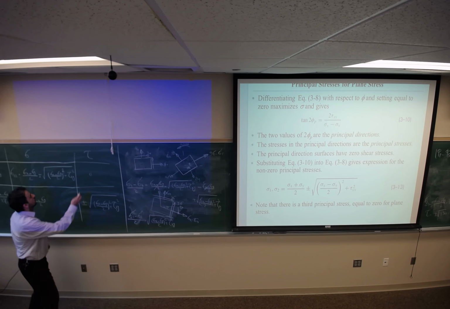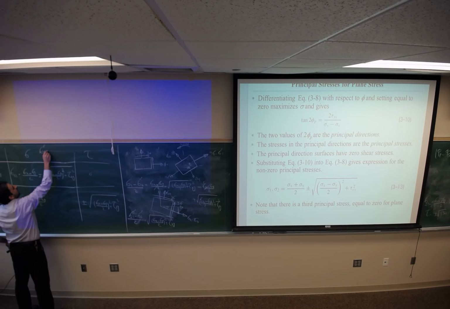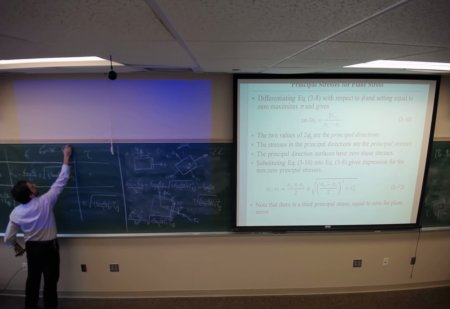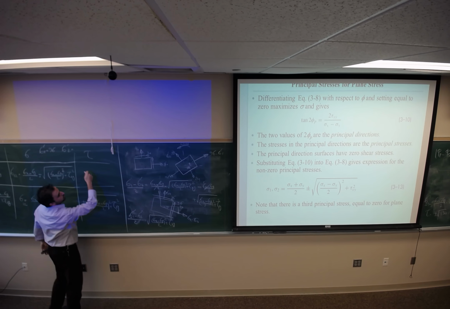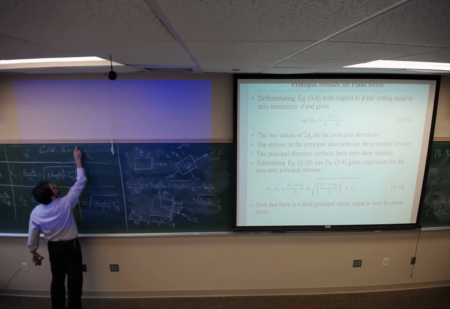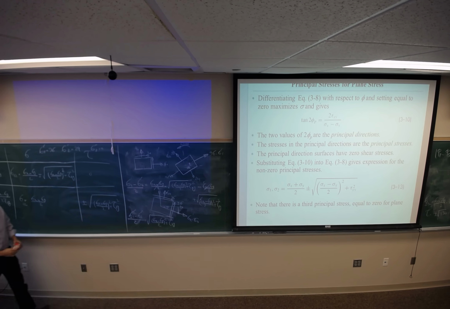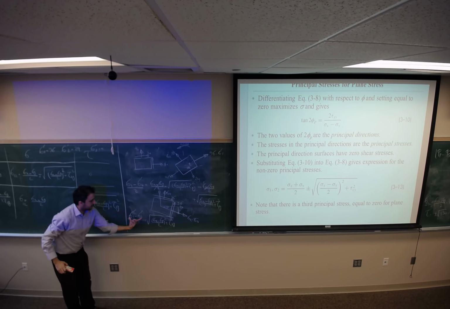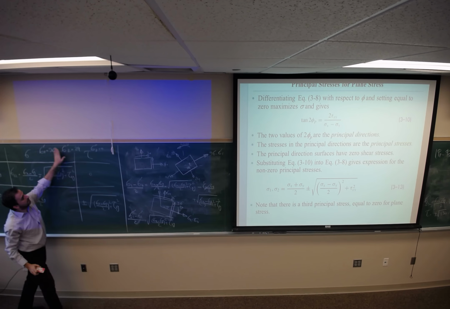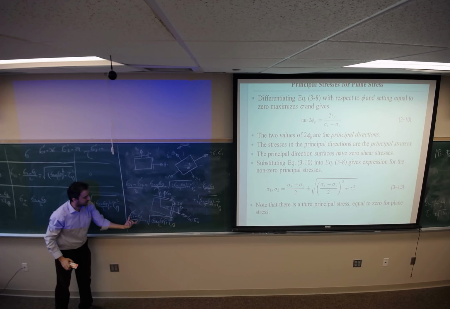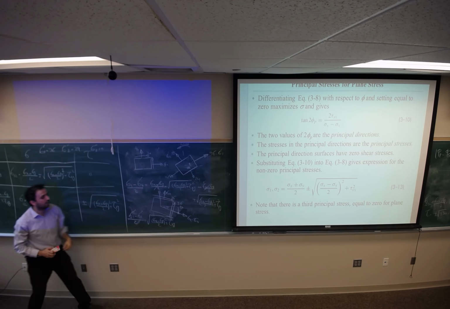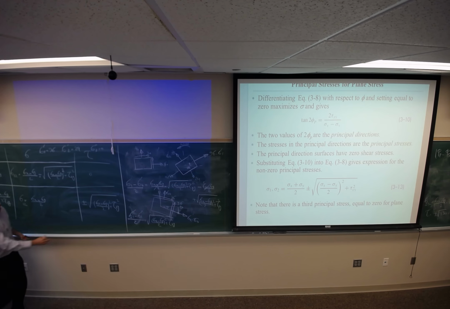So sigma prime 1 equals 96, sigma prime 2 equals 24, and sigma prime 3 equals 0. Since I have three terms of the principal stresses, I can define 3 sets of extreme values for the shear stress. This is one set.